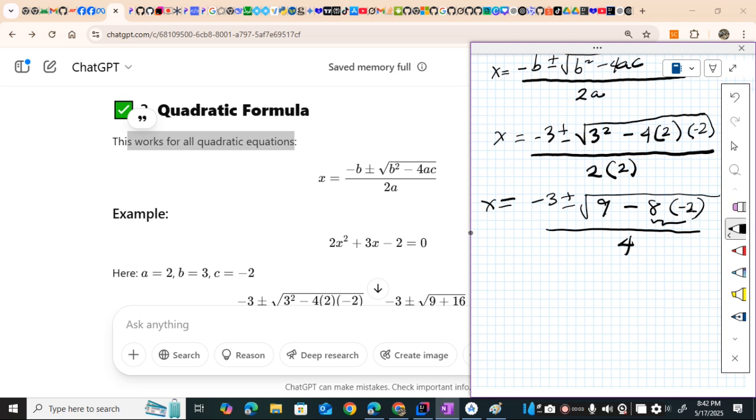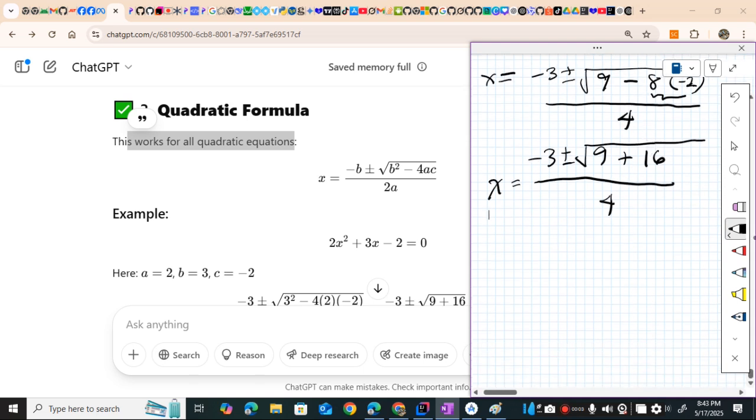So we multiply by negative, and that becomes positive. So we have 9 plus 16. Again, negative times negative is positive, and 8 times 2 is 16. So we have 9 plus 16 over 4. So that's our x.